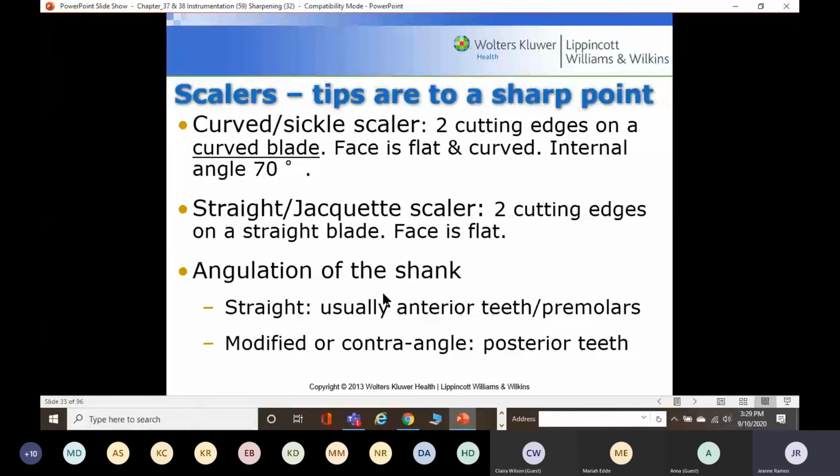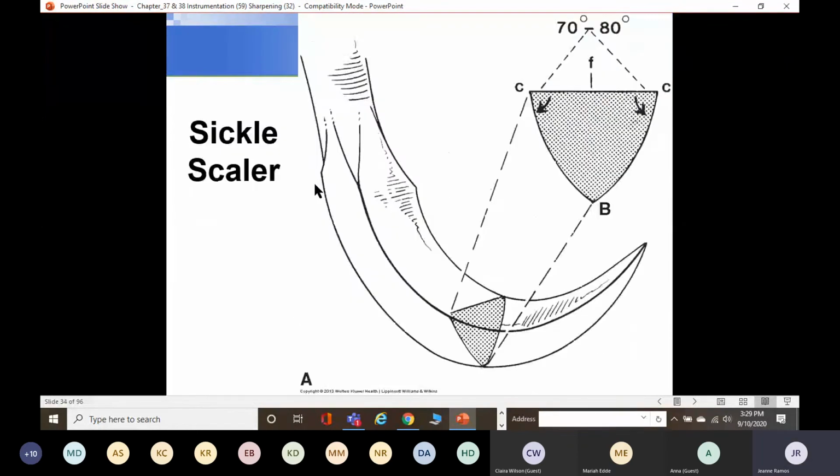As for angulation, straight is usually for anterior teeth and premolars, and modified or contra-angled instruments are for posterior teeth. So here's your sickle scaler. It has that curved back, and ours isn't quite that curved, but it's going to be triangular if you did a cross section of it, and it is to a point.